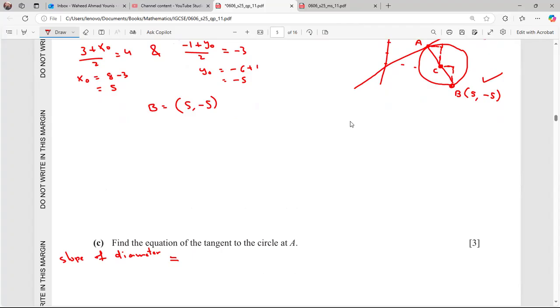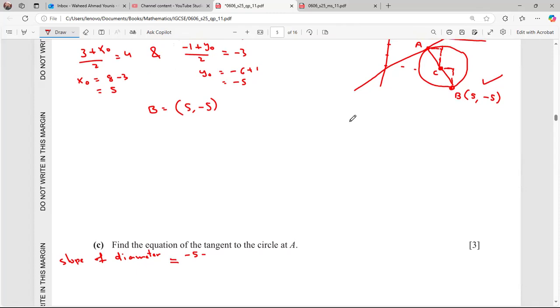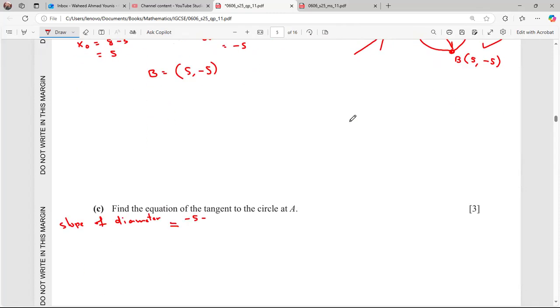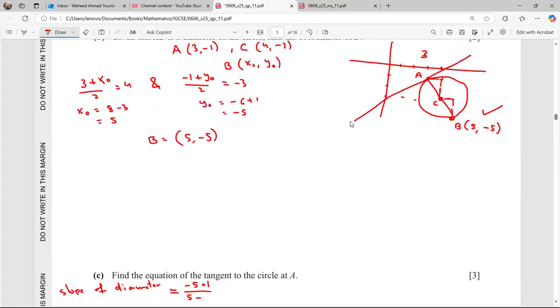y2 minus y1. So y2 minus y1, what was y1? It is minus 1. So it is minus 3 minus minus 1, divided by x2 minus x1. x1 was 3.